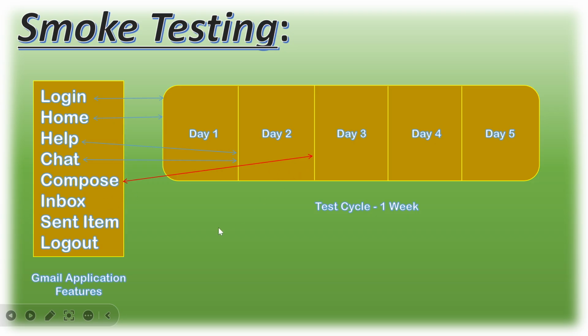That means we are trying to open the compose and that page is completely blank and we are not getting any option to test the compose box. That means we are not able to test that compose box. That is why it is blocking us from proceeding with our testing activities. That is why it is called a blocker bug.